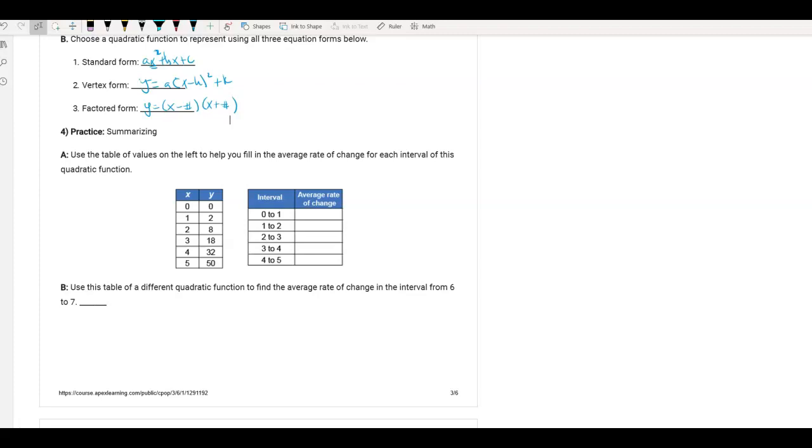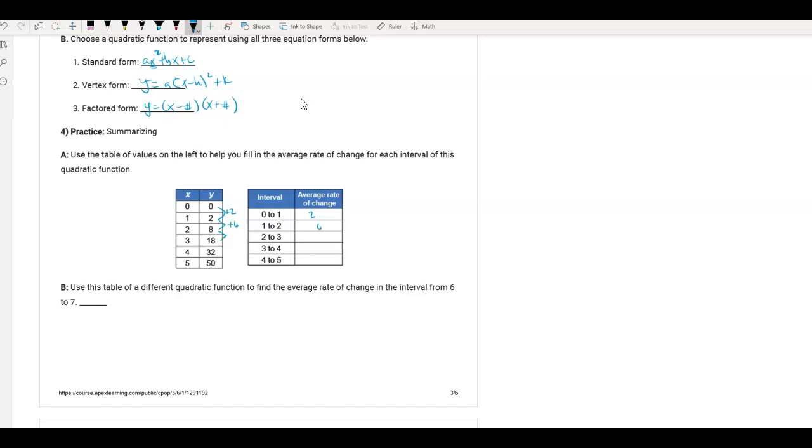So if we had to look at this, it says use the table on the left to help you find the average rate of change for each interval of this quadratic function. Okay, now when we look at that over the interval from 0 to 1, this average rate of change is you went up 2. Over the interval 1 to 2, this went up 6.